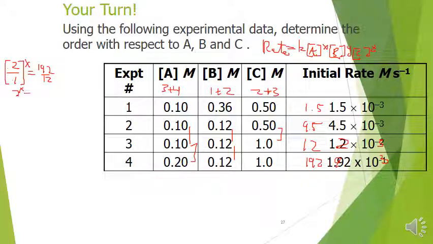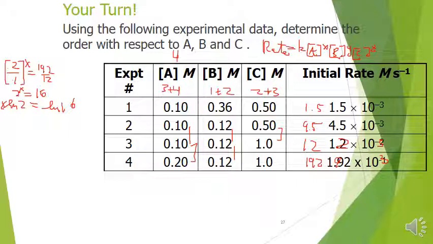And when we do this, we get 2 to the x equals 16. You can see what 2 to what power equals 16 is 4, or you could do ln: x times ln of 2 has to equal ln of 16. Divide both sides by ln 2, and you'll end up getting 4. So this exponent is 4.